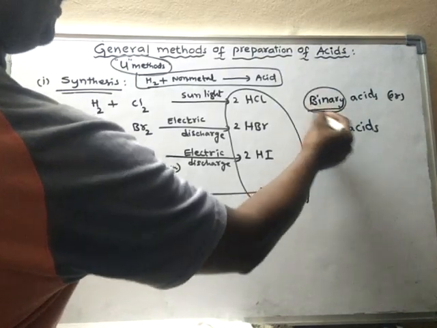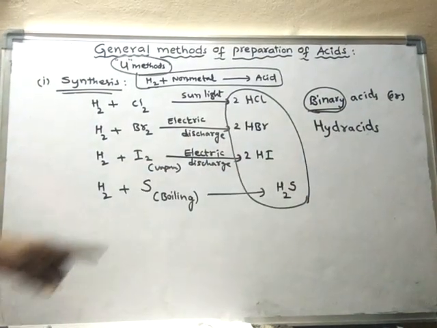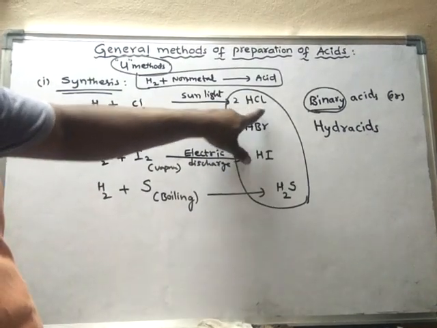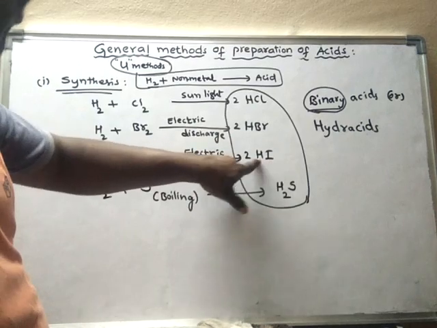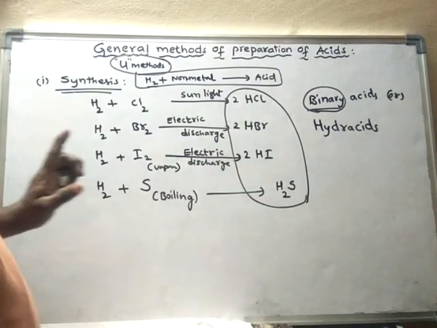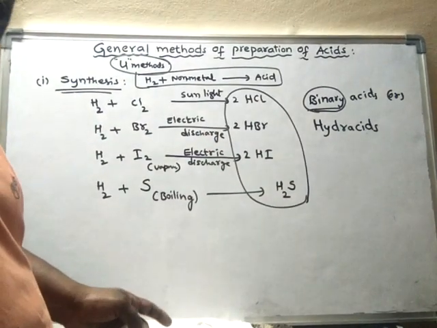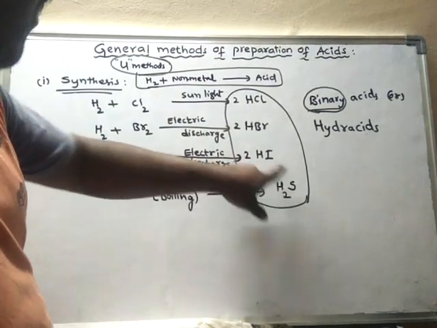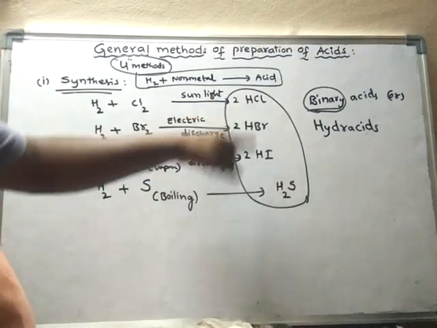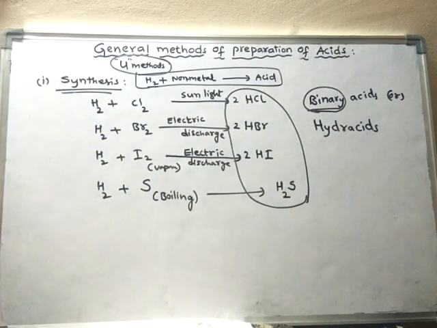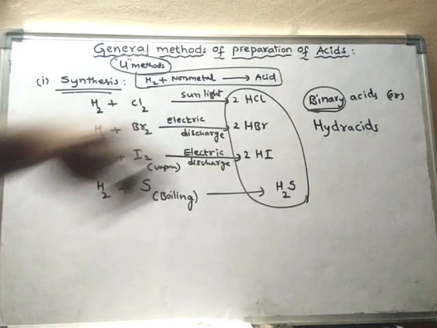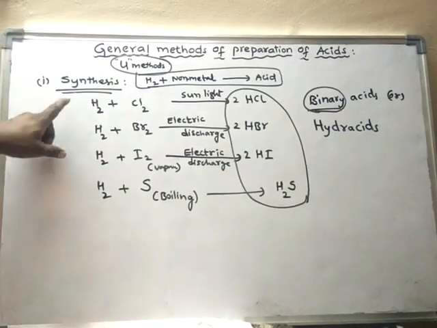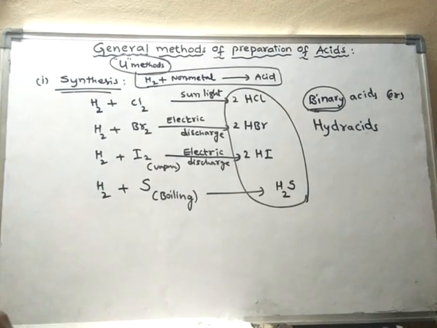What is the meaning of binary? Binary means two elements. So in this acid you will find only two elements, where one element is compulsorily hydrogen and the other element is a non-metal. Such acids are said to be binary acids or hydracids. This is one of the methods of preparation of acids, and it is called the direct synthesis method.